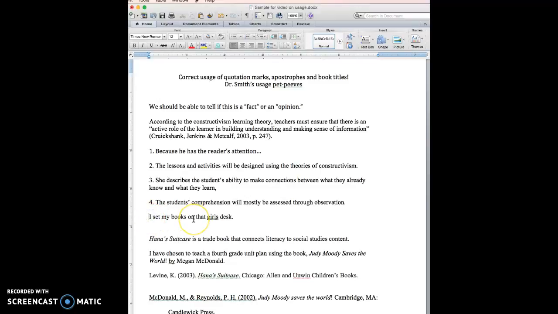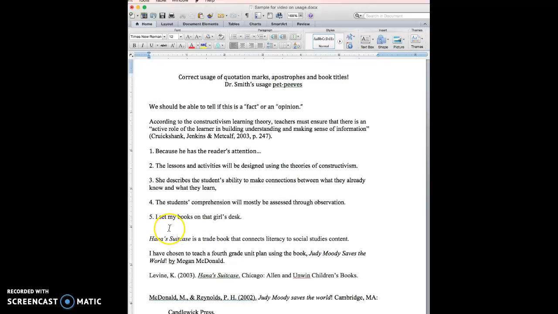And finally, we have one more. "I set my books on that girl's desk." Okay, books has a S, but it does not refer to anything that belongs to the books. However, something does belong to the girl. It is the girl's desk, so there's an apostrophe here.